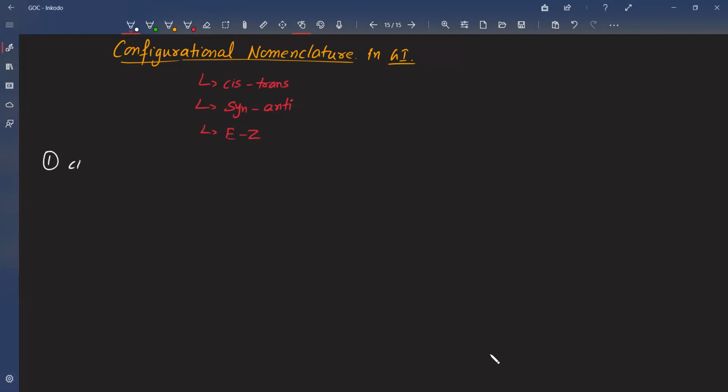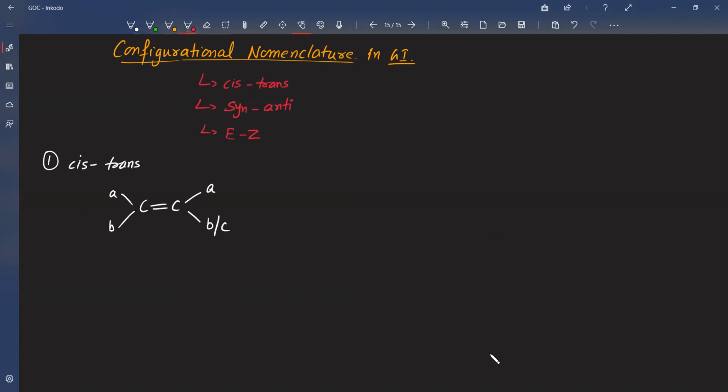So first one, that is cis versus trans. You will see this in case of alkene, cycloalkene, or cycloalkane. When you have a carbon-carbon double bond and there is A and B, which has to be different, and then you have A on the same side, and the other can be B or anything else, it doesn't matter.